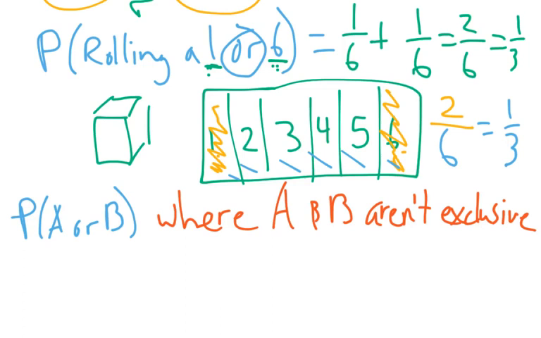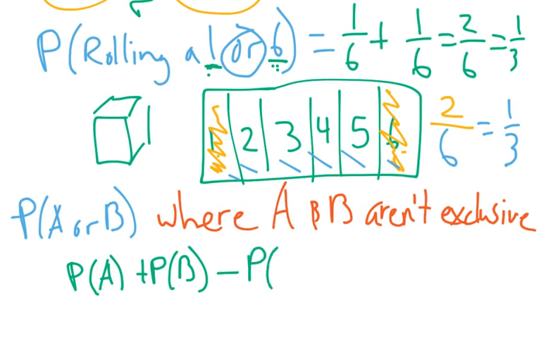And that formula is, I'll just write it all out, the probability of A plus the probability of B, minus the probability of A and B. That's how we would figure that out.